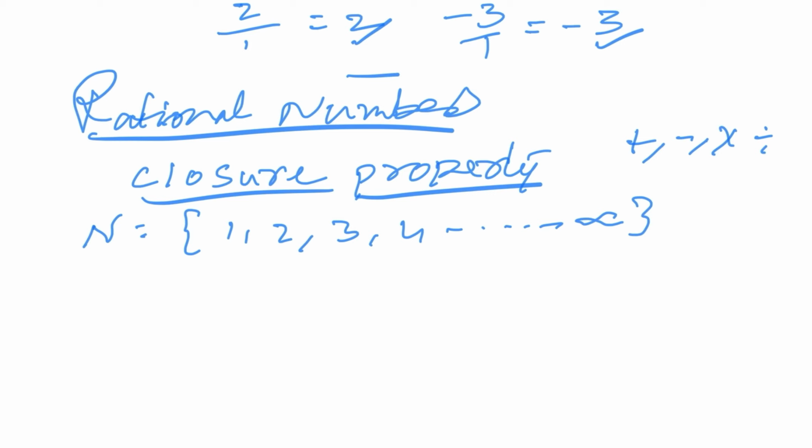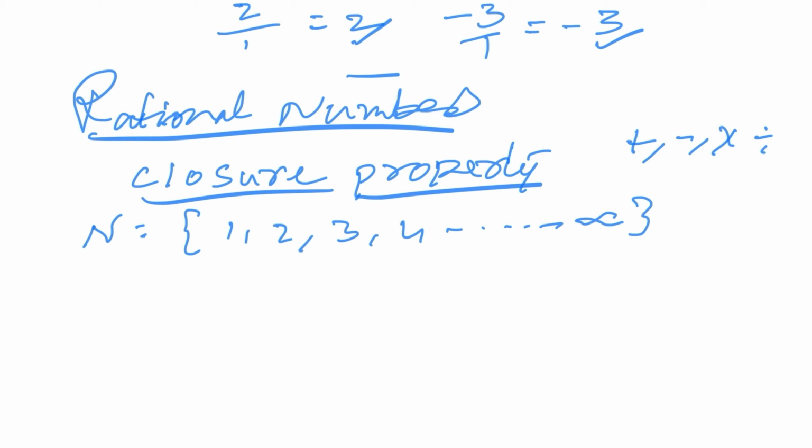I am calling it a set. If you simply remove the set symbol, these are just natural numbers. If you put them in a set, we call it the set of natural numbers. That's all. Let us see how closure property is to be checked.